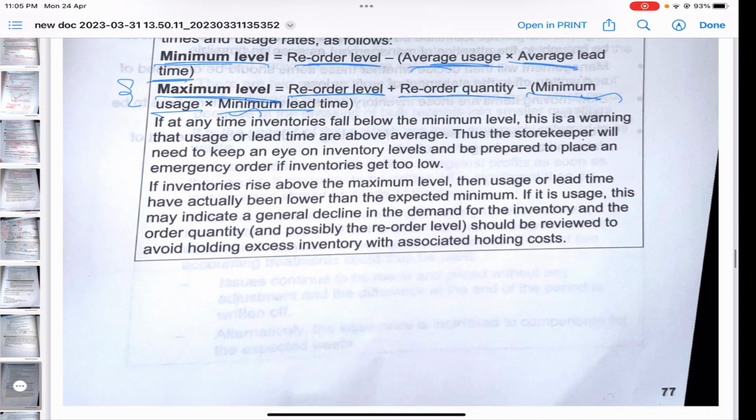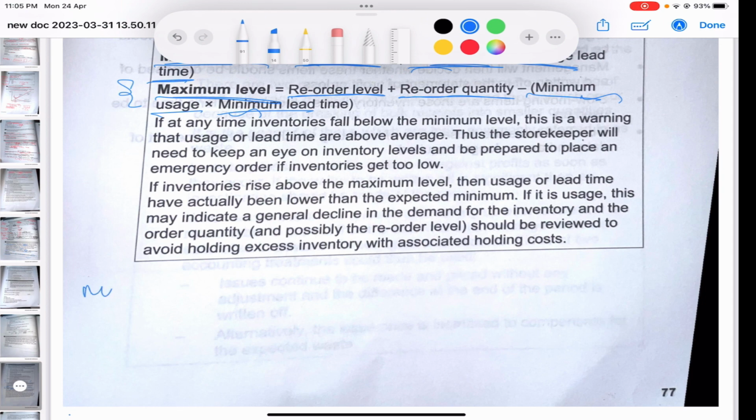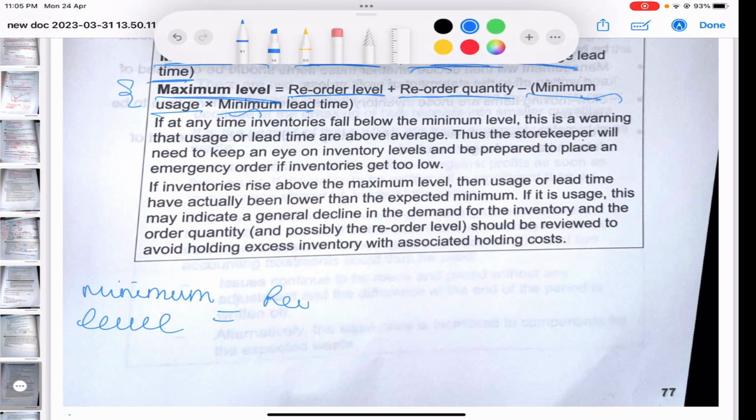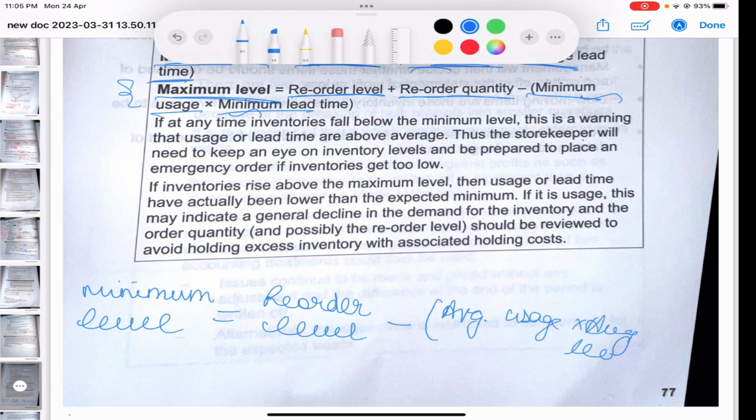Let's again quickly try to write the formulas and try to learn it along with me. So my minimum level would be reorder level minus average usage multiplied by my average lead time.